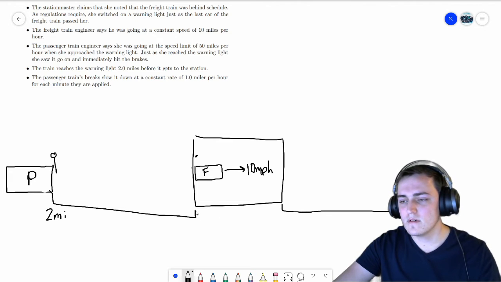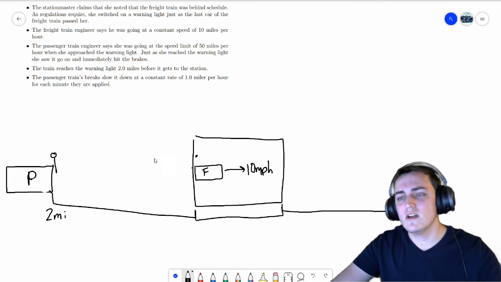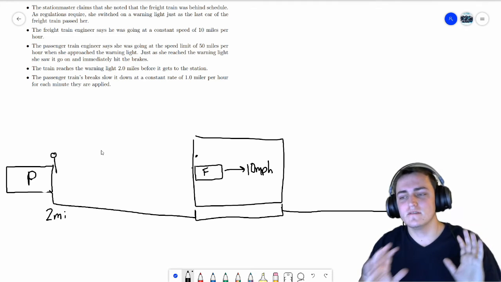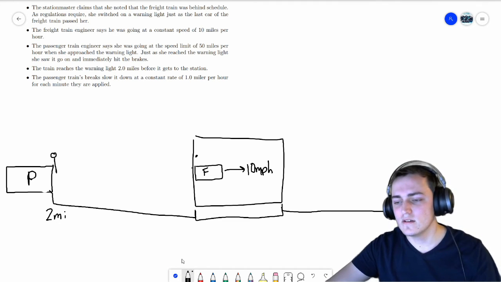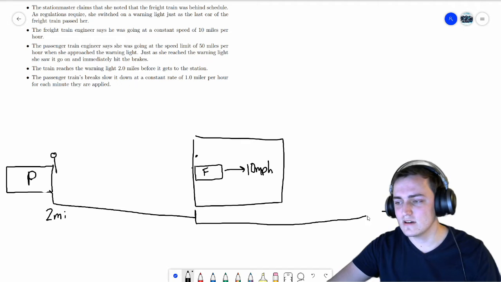Now, we have a little width here. And so we have to think, should that be there? Well, we're never really given a width of the station. We're only really told it happens 0.5 miles later. And so in reality, this 0.5 isn't from that back edge of the station. It is from the leading edge of the station.